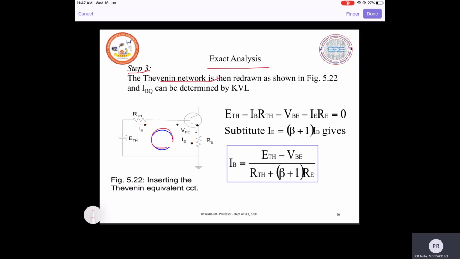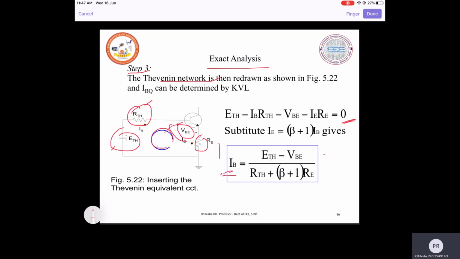Apply KVL to this loop: the drop across this, the drop across the junction, and the drop across the RE will be equal to 0. So from this equation we can find IB.